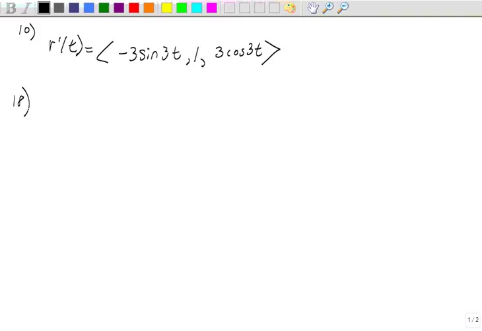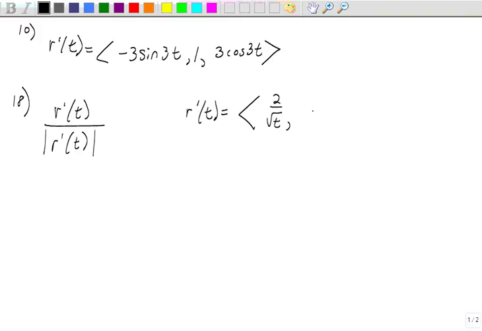18, I want to find the unit vector for the tangent vector, and that means I just divide it by its length. So first we have to find r prime. So we just take the derivative of each component. We'll plug in 1.